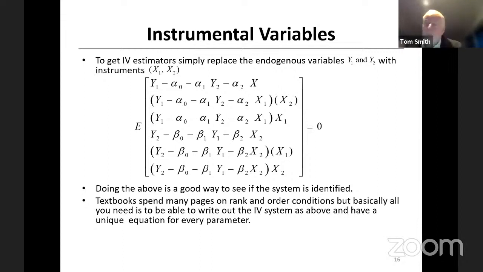In fact, the most frequent call I get is people asking me about identification and the rank and order condition. Well, this gives you a lot better way to do it. You can see whether this is identified or not, as you have a unique equation here for every parameter. So it's a hell of a lot better way to think about identification.